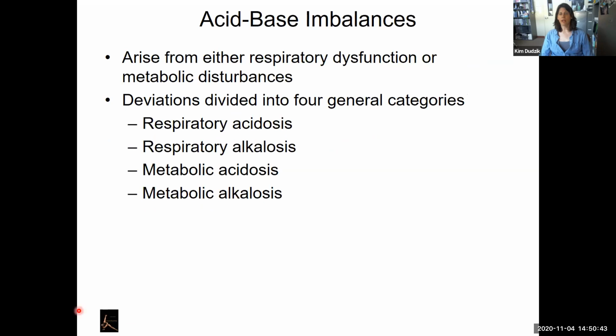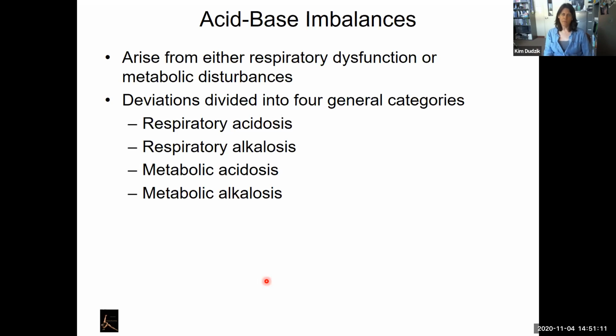Acid-base imbalances usually arise either from respiratory dysfunction or from disturbances in metabolism. When the cells are doing work, there may be some disturbances there. And so we put them in 4 categories. If it's caused from respiration, then it depends on whether it is acidosis or alkalosis.